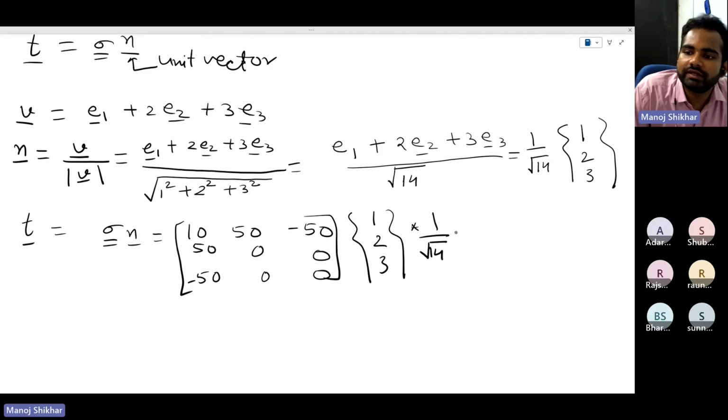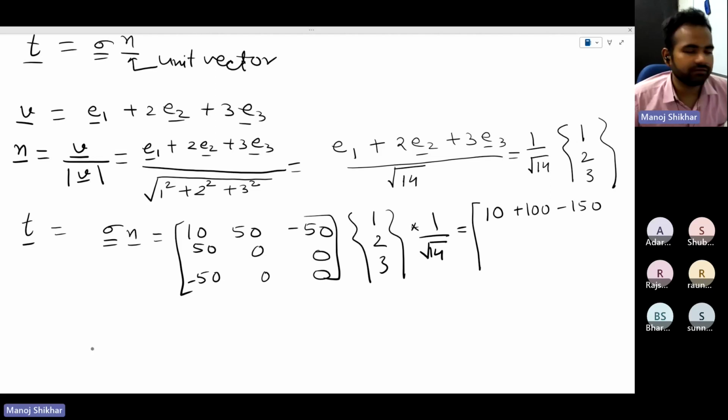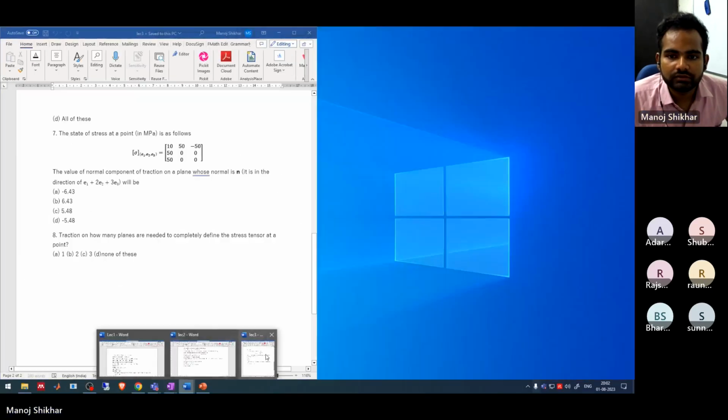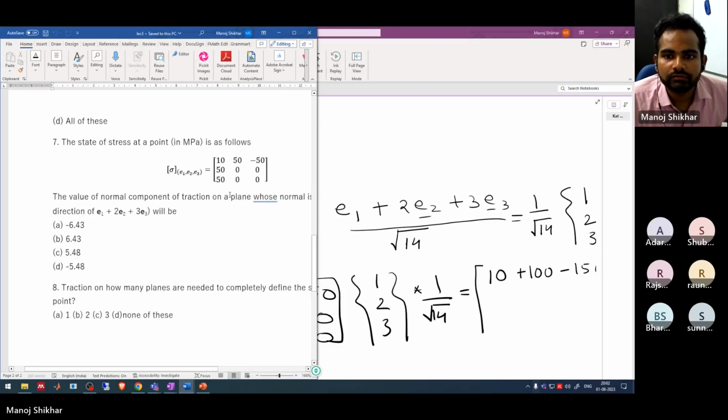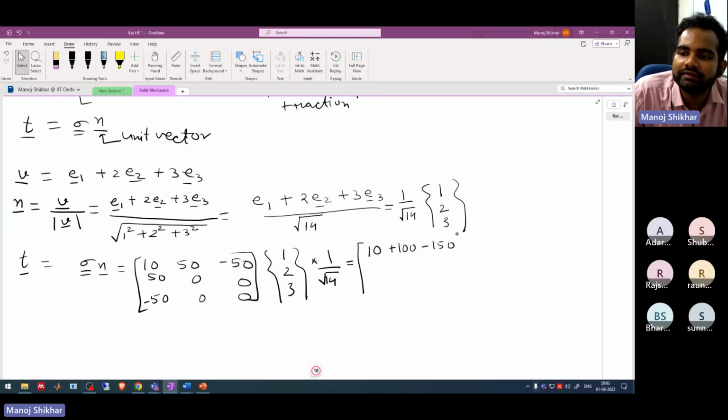People miss this and they get the wrong answer. So what is this? So let me check if it is minus 50 or not. Should be minus 50 actually. Anyways, I will just solve this problem assuming minus 50 and you would be able to know how to find this.